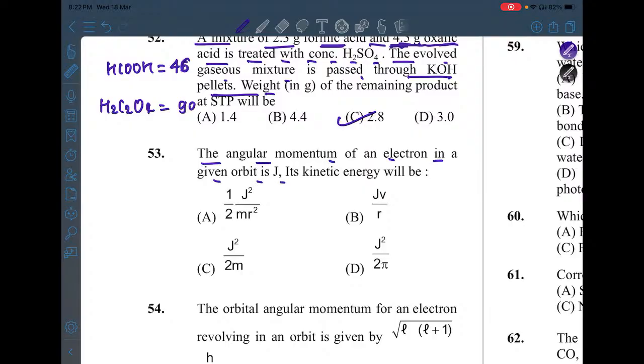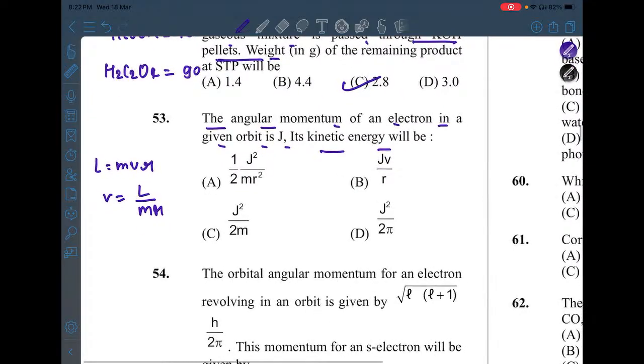Now, question number 53 says that the angular momentum of an electron in a given orbit is J. We have to calculate its kinetic energy. The angular momentum L is equal to mvr, so v equals L by mr, and here the angular momentum is J, so v equals J by mr, where m is the mass and r is the radius.